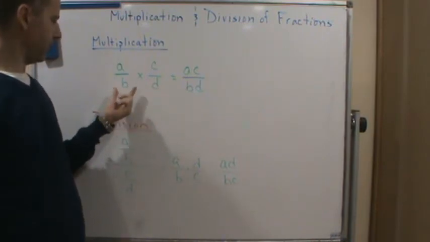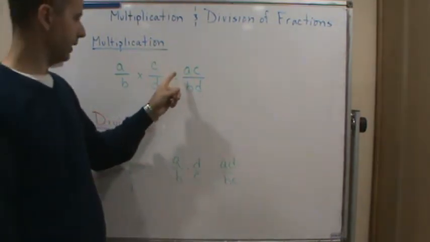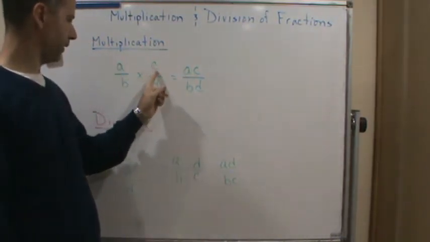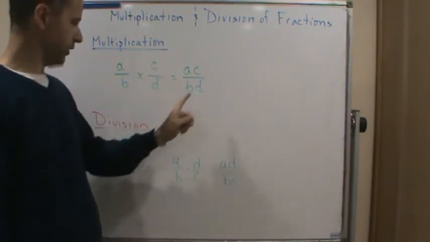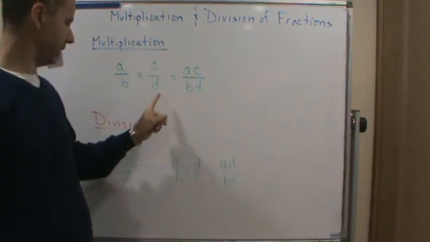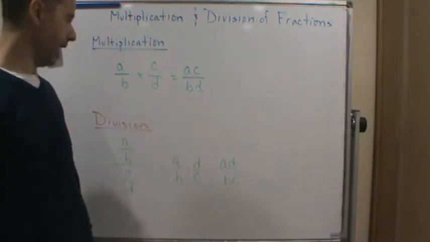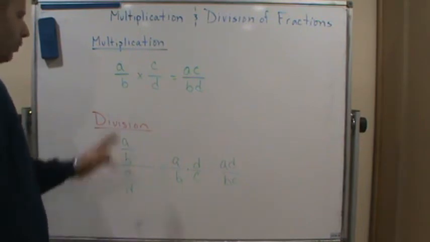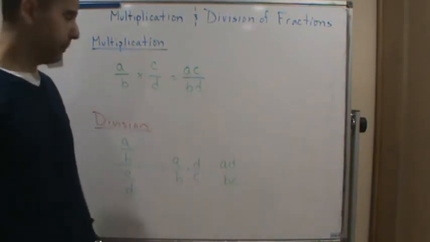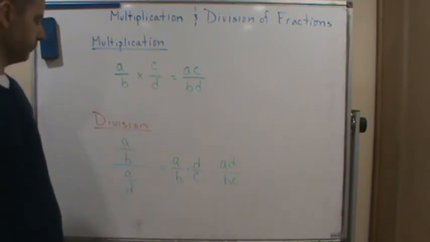So when we multiply fractions, we get a fraction where the numerator is the product of the numerators of the individual fractions, and the denominator of the product is the product of the denominators of the two factors, okay? So, basically we multiply across the top and we multiply across the bottom, and that's what we do, okay?